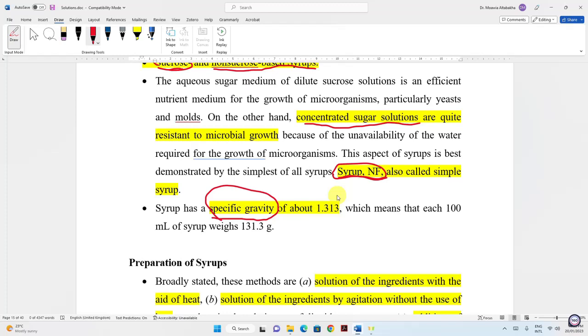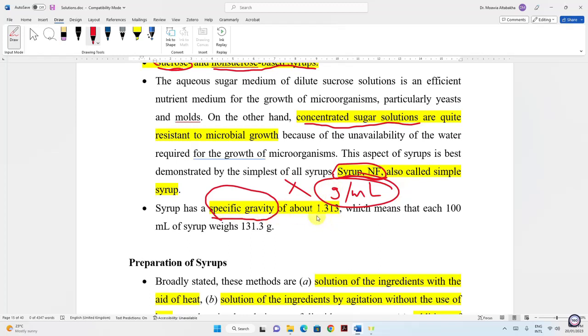But I want you to imagine the specific gravity as gram per ml. I want you to imagine it like that. Again, specific gravity has no unit, but imagine it as gram per ml, which means every ml of this simple syrup or syrup NF, every ml has a weight.